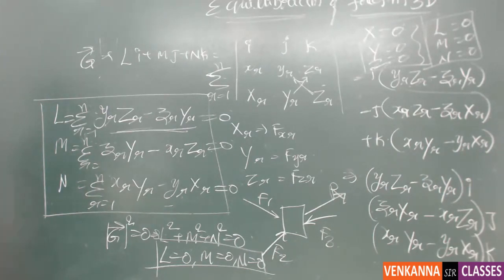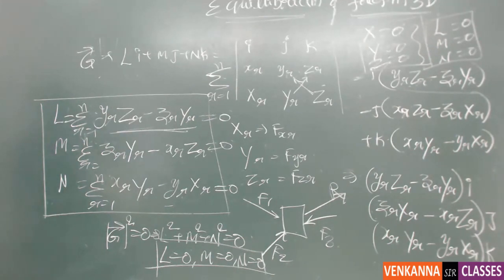So if L, M, N are equal to 0, then you are saying that individual forces are equal to 0. Yeah, so if X, Y, Z are 0, then L, M, N can exist.